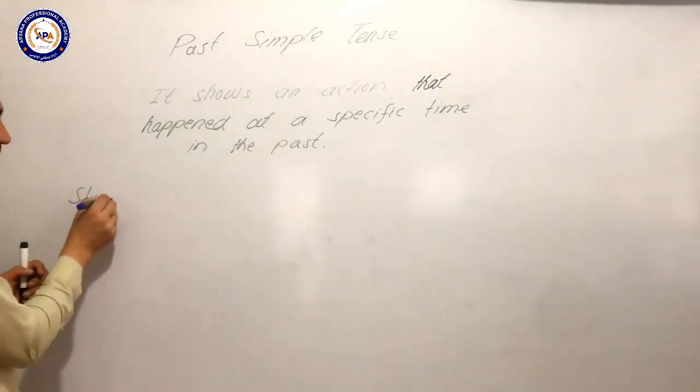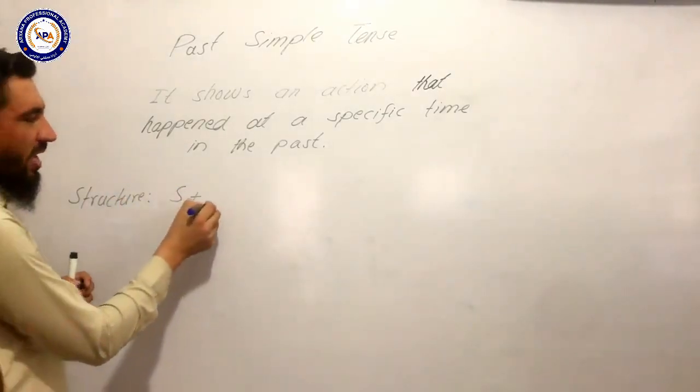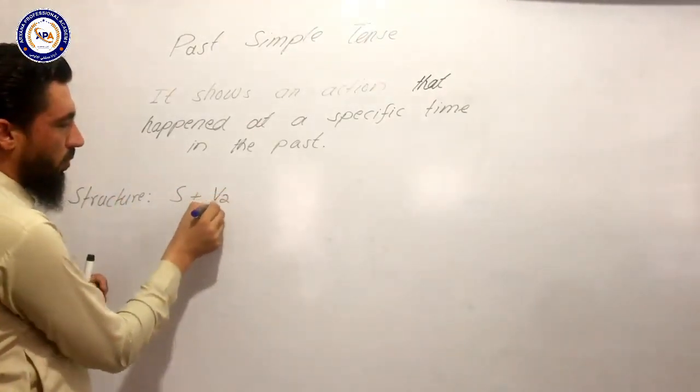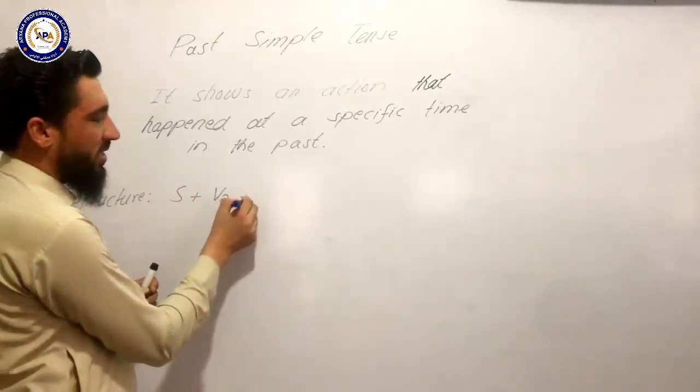When we come to the structure, after the subject, you have to use the second form, or it is also called the past form of the verb, followed by the rest of the sentence.